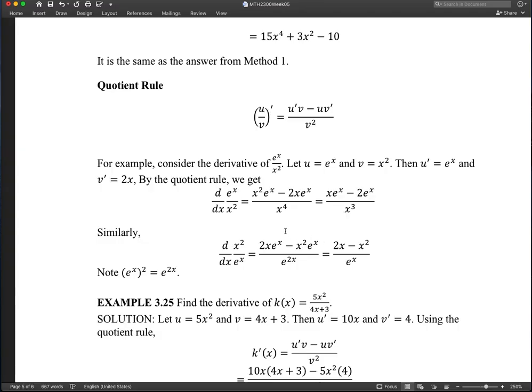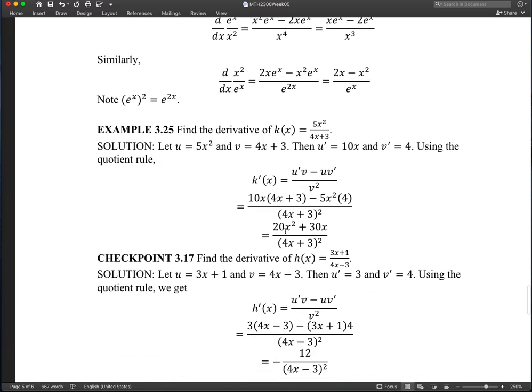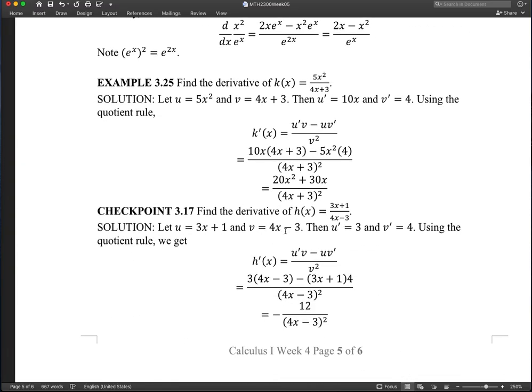Quotient rule. How about let's take a quick look at the examples in the textbook. So the first one is example 3.25. It is from the textbook directly, the derivative of k of x. I'm taking u as 5x squared, v as 4x plus 3. And certainly, I suppose we know u prime and v prime very well. And then use the quotient rule.